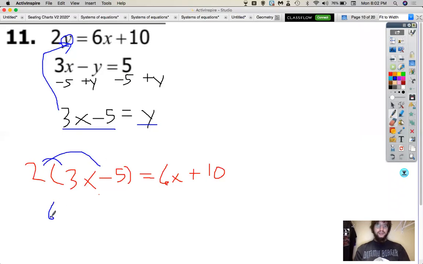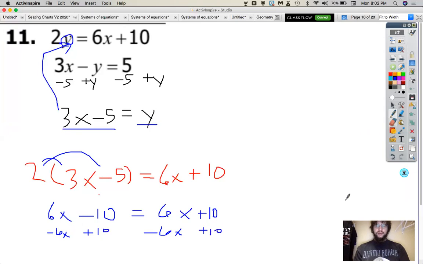Distributive property. 6x minus 10 equals 6x plus 10. That ain't right, though. Let's make sure we did everything right. We subtracted 5. We added y, subtracted 5. Okay, so there's nothing wrong there. Oh, well, get my x's on the left side, constants on the other side.